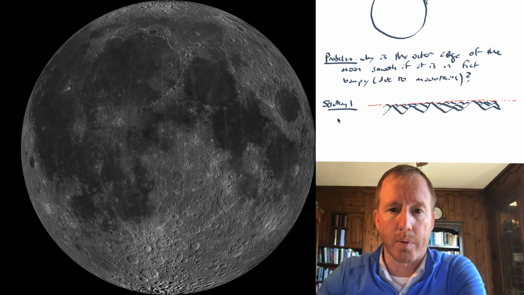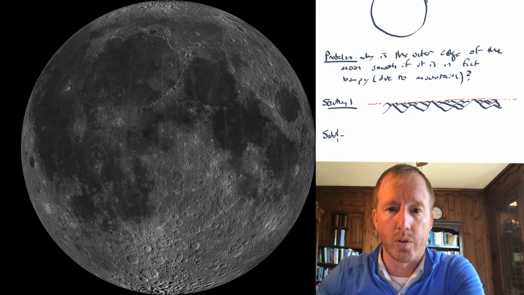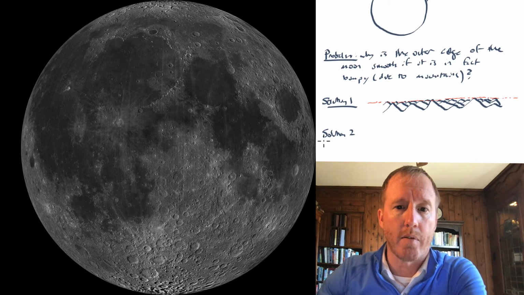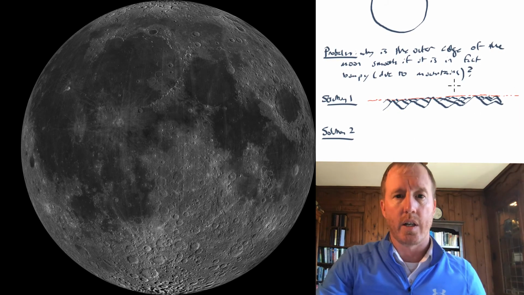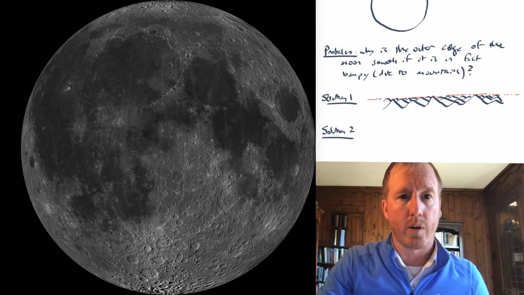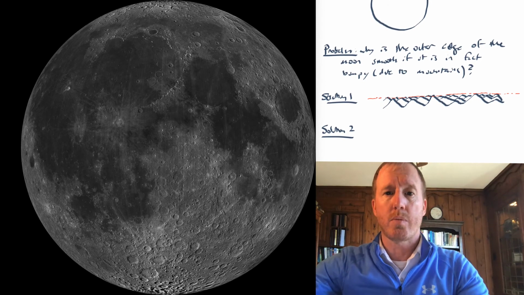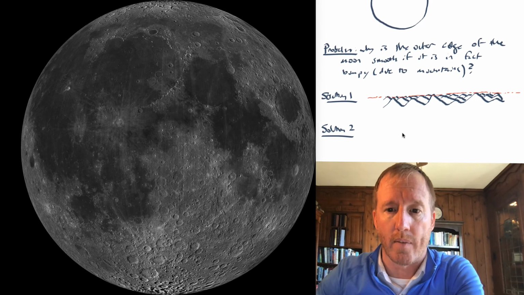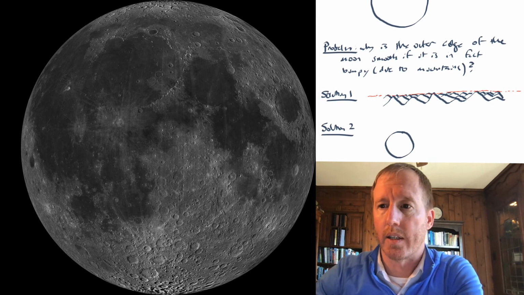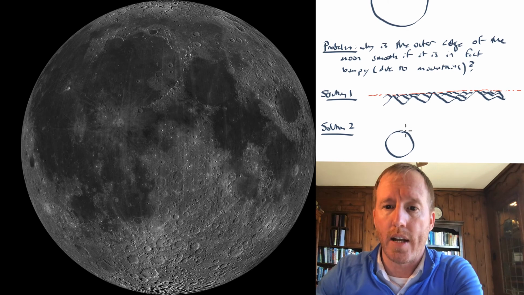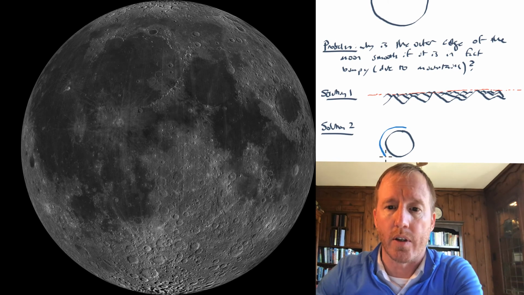There's another explanation that he offers. I'll call this solution 2, and this is at the bottom of page 238, and this is also shown in an image on the top of page 239. He says it's possible that the moon has an atmosphere. So in addition to the moon looking like this, it's got some thin atmosphere, much like the atmosphere of the Earth.